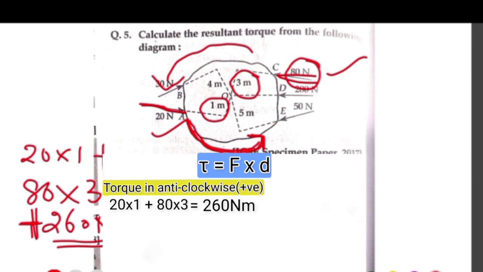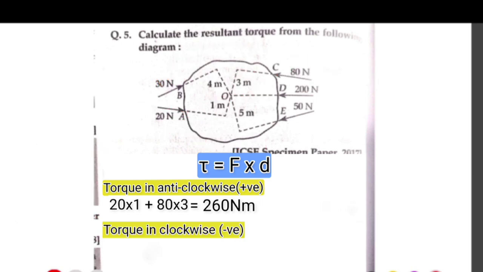Now let's look at the clockwise moment. The forces 30 Newton and 50 Newton tend to rotate the body in a clockwise direction. This 30 Newton, when applied at the point here, tends to rotate the body in clockwise direction. Also, the 50 Newton force when applied at the point E tends to produce a clockwise direction. Another thing is that the clockwise moment is always taken as negative.